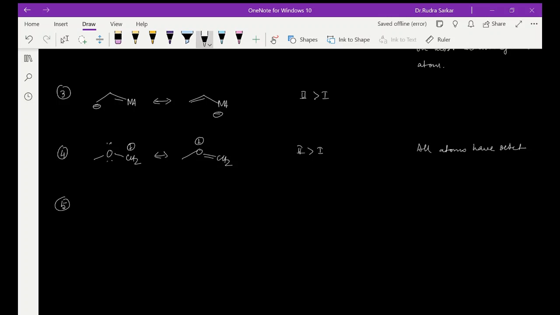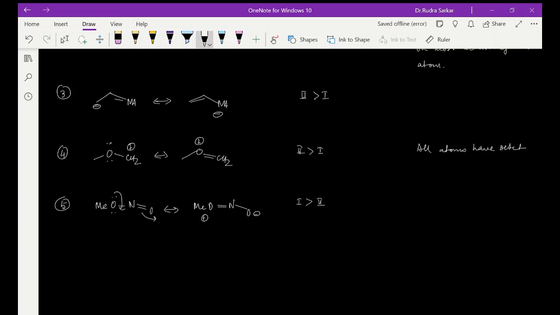In question 5, we will say suppose we have been given this structure. One is more stable than 2.